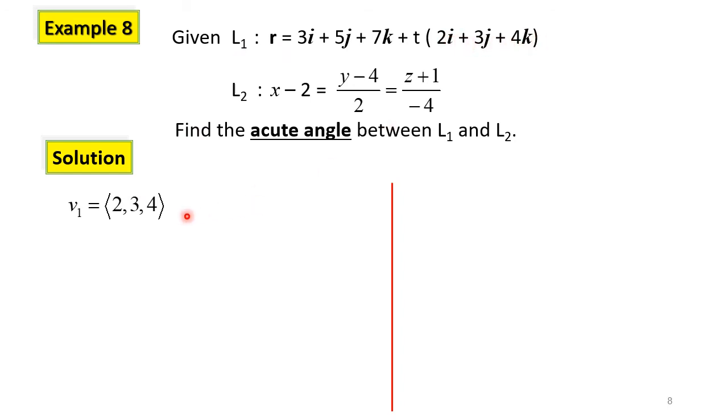Then V2 is from L2. This is Cartesian, remember the previous video. So below here would be our V2: 1 from here, so 2, and then negative 4.